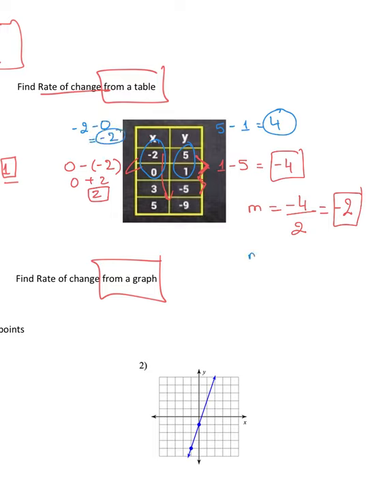Now my rate of change is 4 over -2, which is also -2. So either way works: you can do the bottom subtract the top, but for x you need to do the same, the bottom subtract the top. And if you choose the top subtract the bottom, for x you need to do the top subtract the bottom as well.